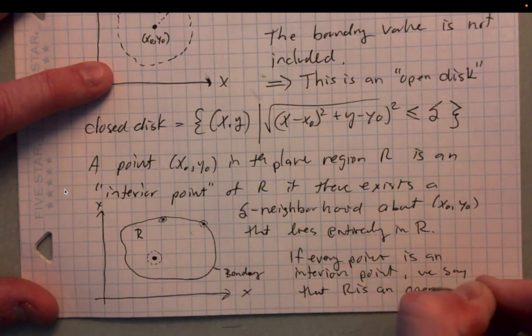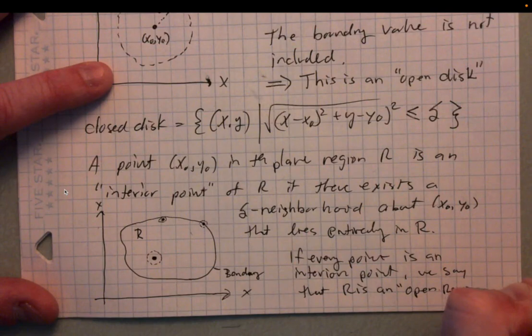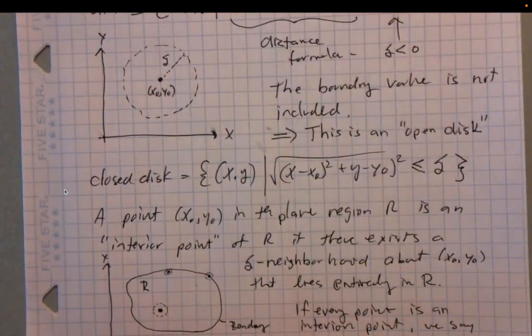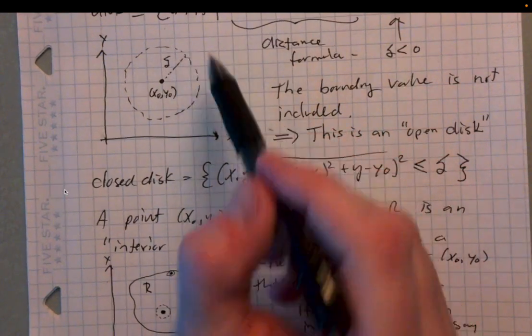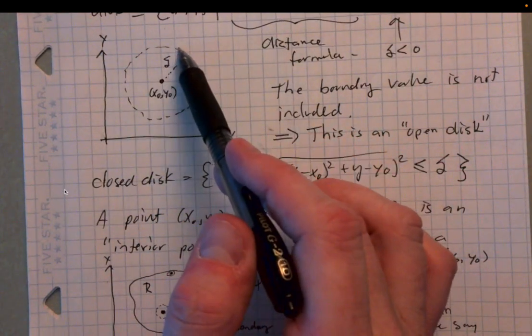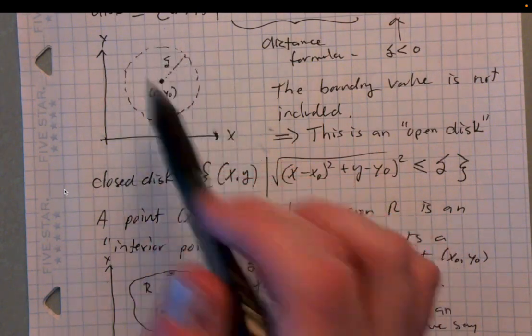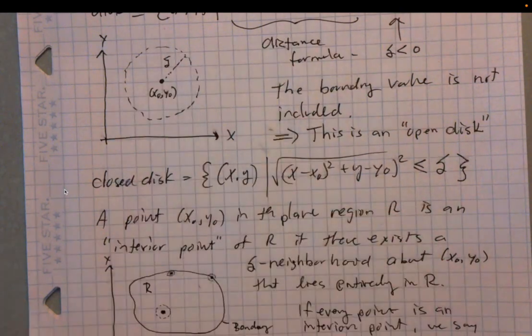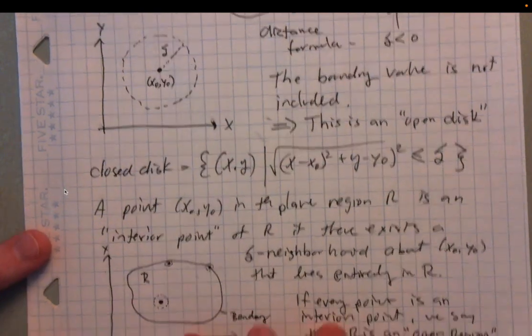An open region. Okay, and that's going to take us back to this image here, right? So in this image, it's not possible for me to put a point precisely on the boundary, right? Because the boundary is not included, right? So that's the idea here.